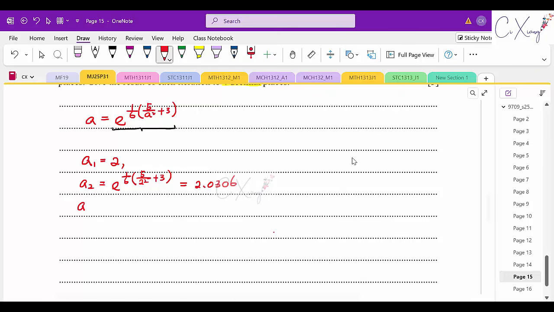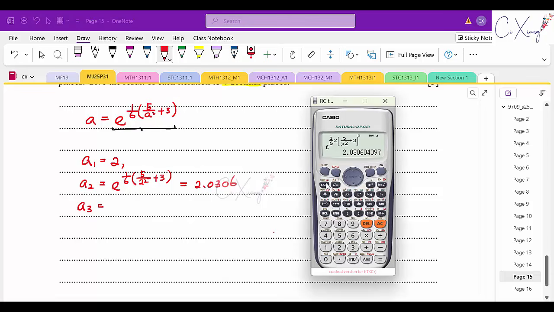Okay, then for the next value, a3, how to get it? Substitute 2.0306 into your iterative formula again. In our calculator, you just press calculate one more time, then key in the value 2.0306, then press equal. Then we have 2.0180, 4 decimal places, right?